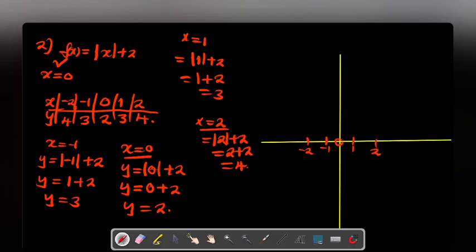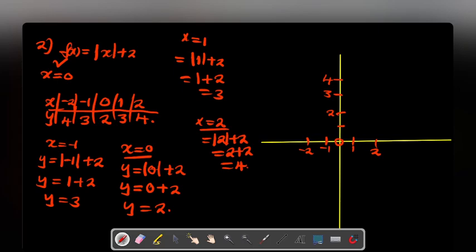So this is at 0. Then for the y values, we have 4, 3, 2, 3, 4. So that is for the y values. So this is at 1, then this is at 2, then this is at 3, then we have a 4 somewhere there.